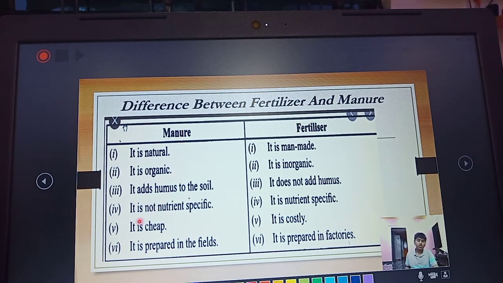Now manure is not nutrient specific as I told you, and fertilizer is nutrient specific. Manure is cheap as you can make it in your home also. Whereas fertilizer is costly, you need to go to shops and buy it. And manure can be prepared in the field, whereas fertilizer is prepared in factories.